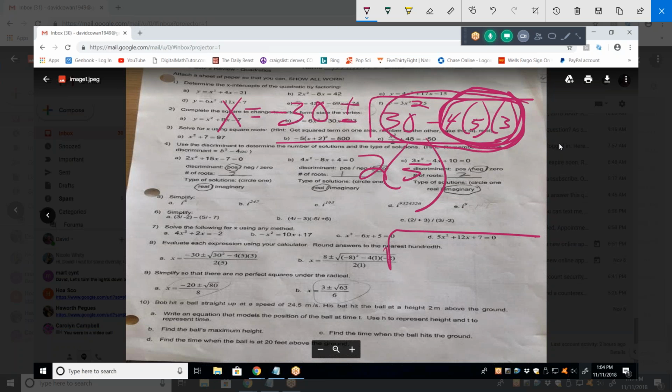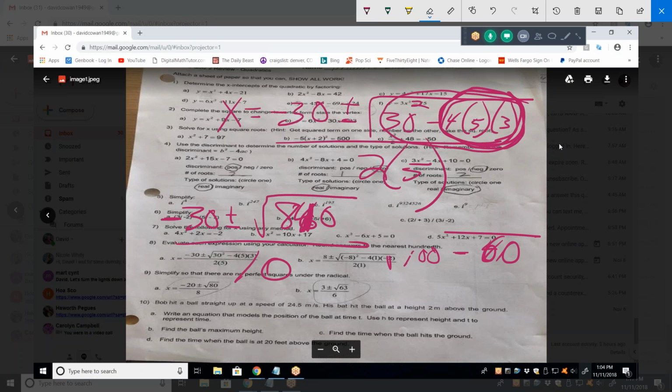Okay, so we have 900 minus 60. Right? So now that whole thing turns into minus 30 plus or minus the square root of 840, all divided by 10.